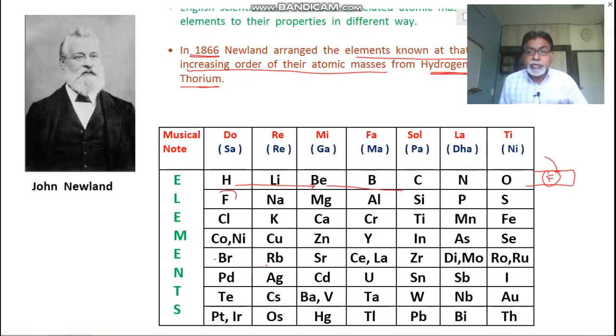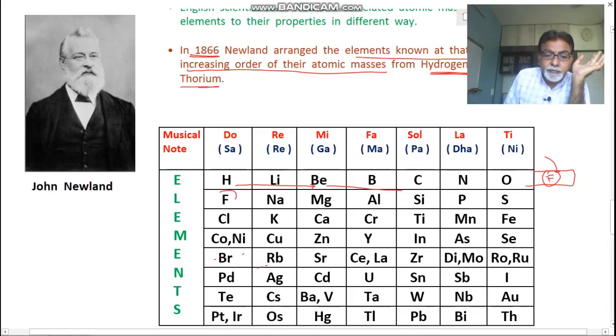काय सांगितलं? जेव्हा एलिमेंट्स ॲटॉमिक मासेसच्या चढत्या क्रमाने लिहिले तर 8व्या एलिमेंटचे आणि पहिल्याच्या प्रॉपर्टी काय असतील? सारख्या असतील. Means look at here, from hydrogen in this table, hydrogen we will consider first, then lithium is second, third, fourth, fifth, sixth, 7, and then from hydrogen, the 8th element is fluorine.